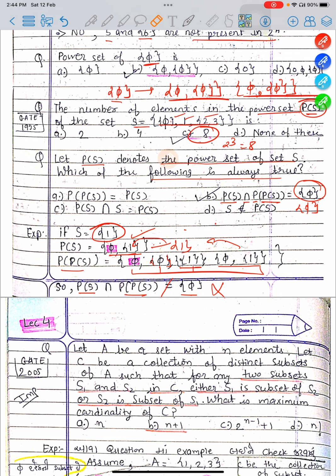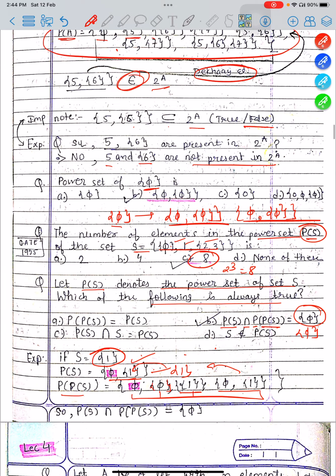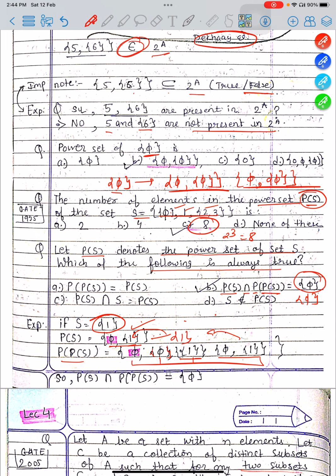Actually, this is correct. My mistake. I should take a rest for you guys, because we have discussed much in this lecture; we have discussed 2 lectures in this particular session.